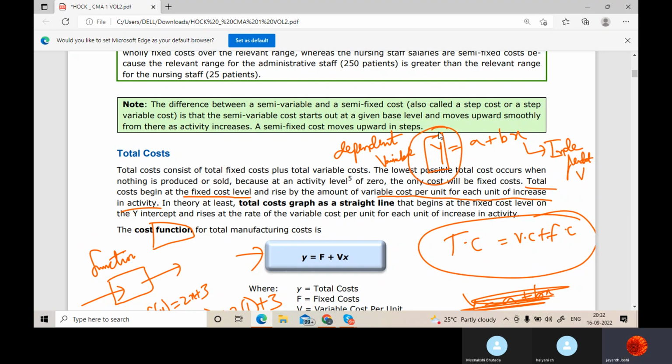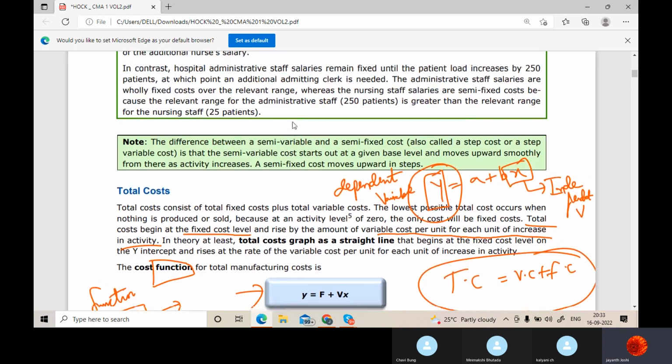Because y's value solely depends upon x value. That means if you change x value, you would get different y values. Okay. Here there are two things, a and b, they are constant. So here a is y intercept and b is kind of slope.